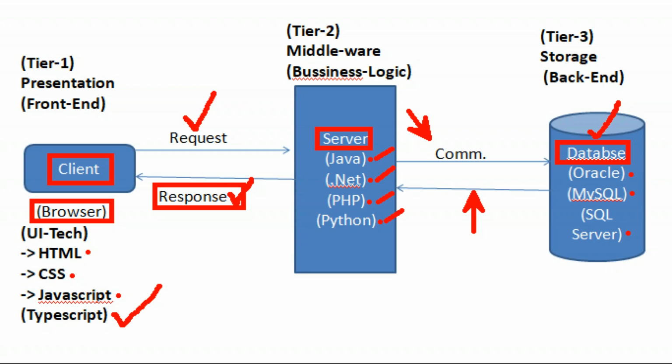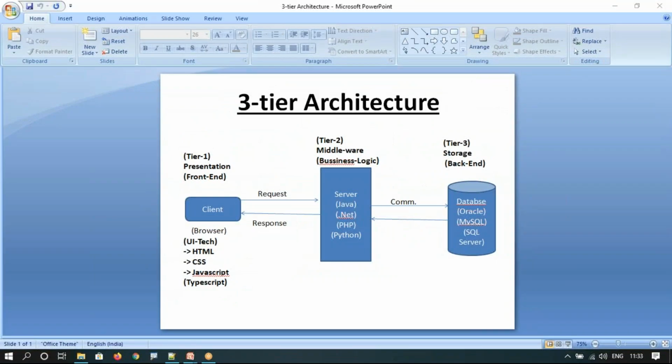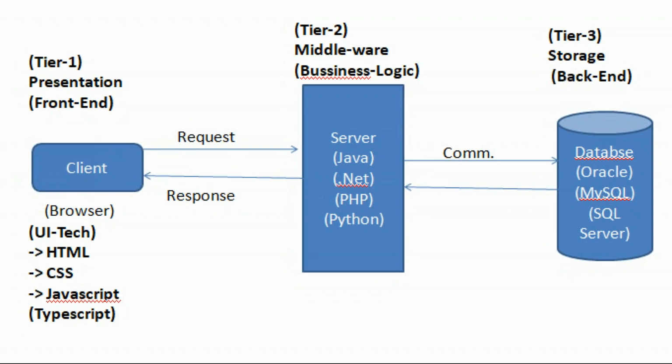So this is how a web application is developed in three layers: client, server, database. Tier 1 is the presentation layer, tier 2 is the middleware layer, tier 3 is the data storage layer. Our concern here is tier 1, so we are mainly going to talk about tier 1, and in tier 1 we are going to concentrate more on UI technology.